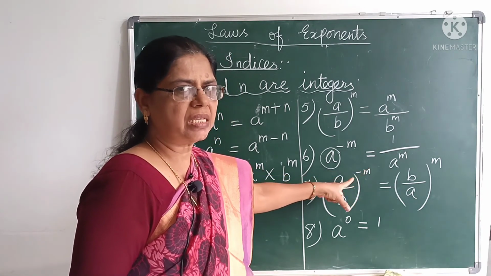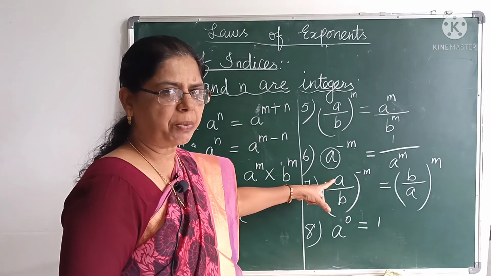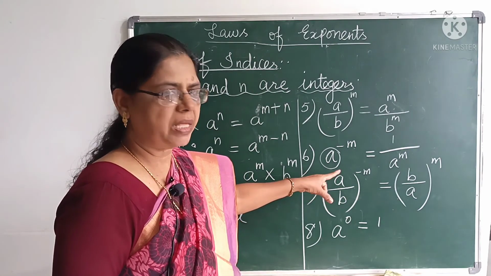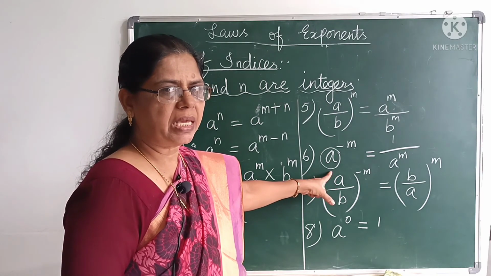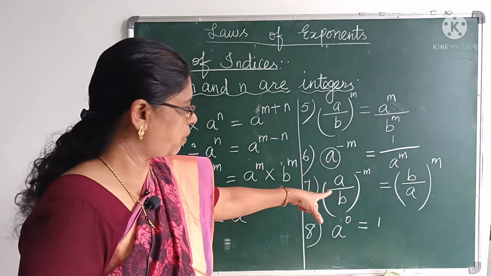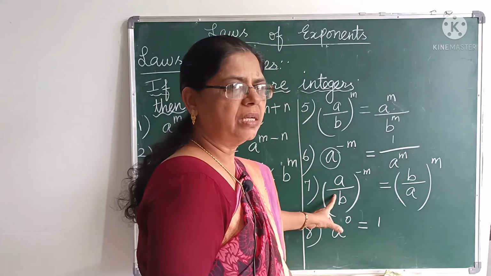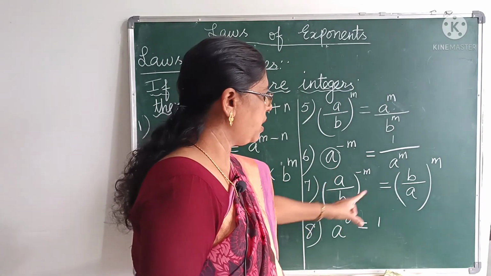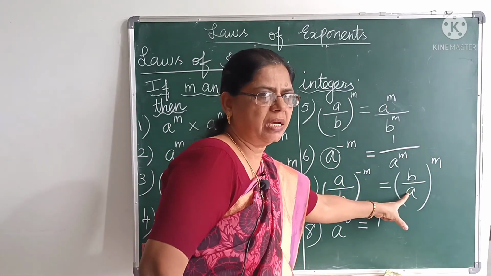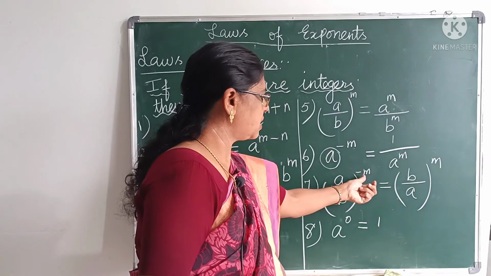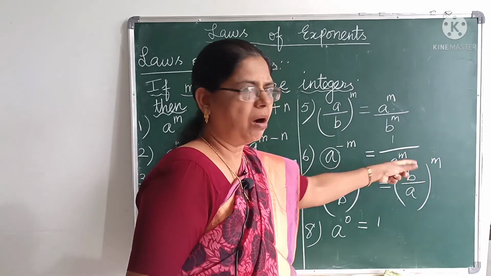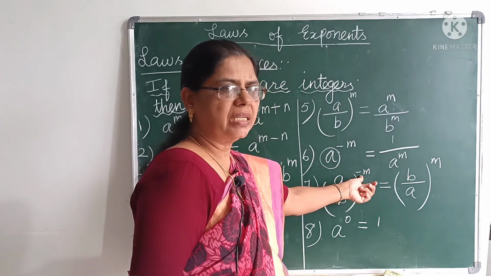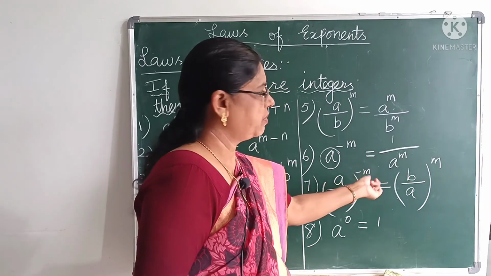In such a case, write the reciprocal or the multiplicative inverse of the base. What is the multiplicative inverse or the reciprocal of a upon b? The reciprocal of a upon b is b upon a. After that, change the negative power into a positive number.